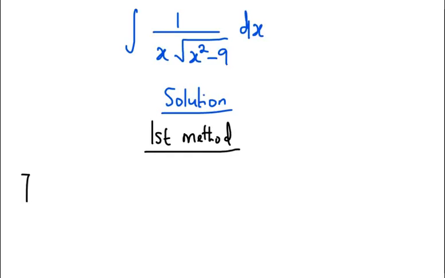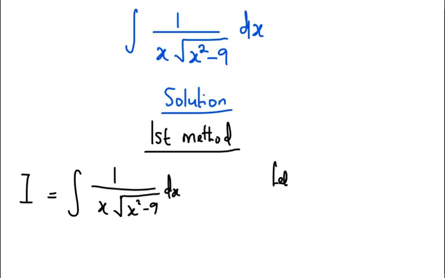For my first method, we're going to call this integral I. That is the integral of 1 all over x multiplied by the square root of x squared minus 9 dx. So we're going to let x equal... let us recall from this trigonometric identity that secant squared of theta minus 1 is equal to tangent squared of theta.